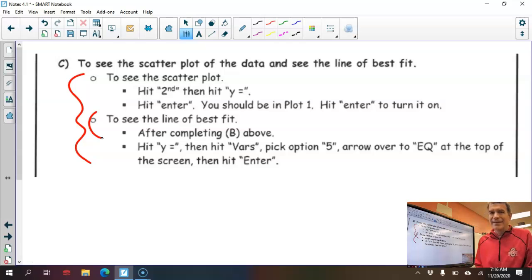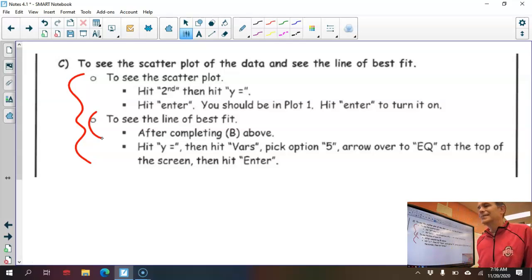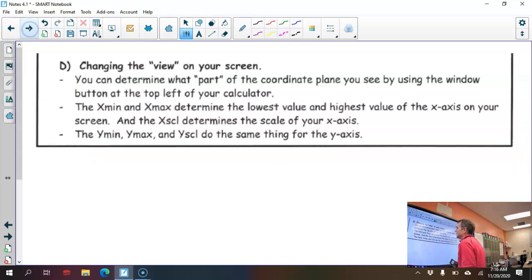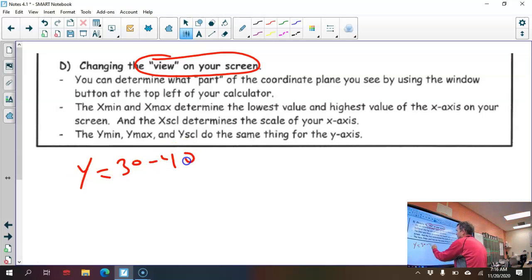Oh, that's right. Nothing happened. There's nothing on the graph. Why not? Well, sadly, because all the data is not in view of my screen. Because the data is up in the y equals 30 to 40 range, and my y-axis only goes up to 10 on the standard screen.